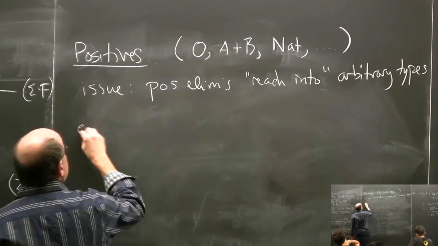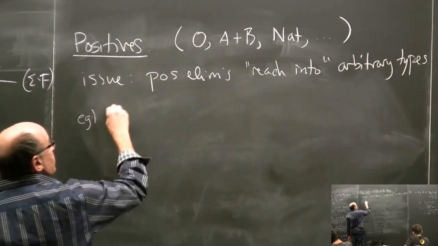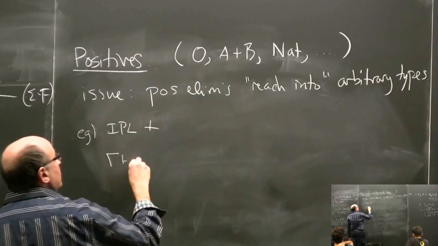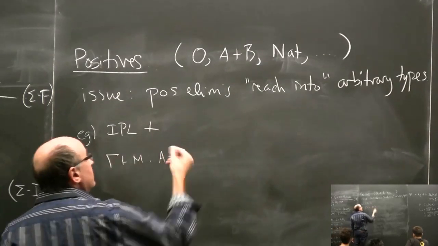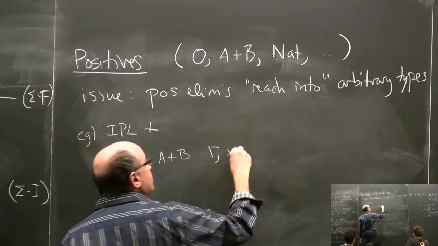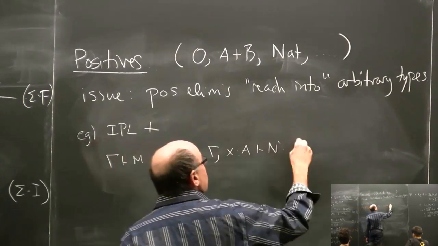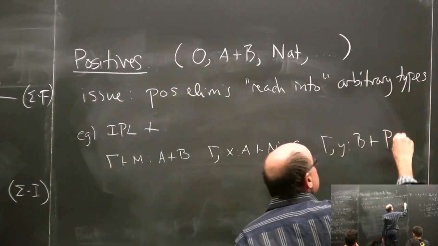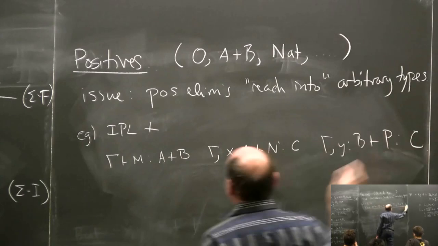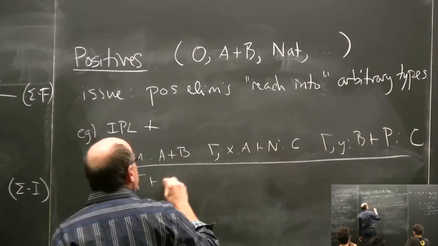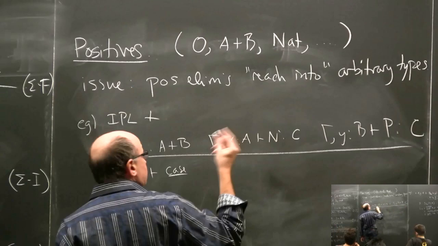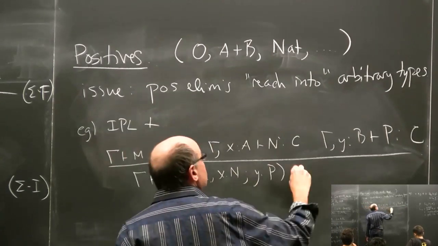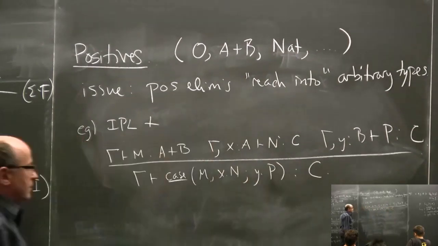So, for example, I'll remind you from the propositional case, the elim form looked like this. If you have m in a plus b, and you have x in a and y in b, p in c, then case m, x, n, y, p was in c, where c is fixed.